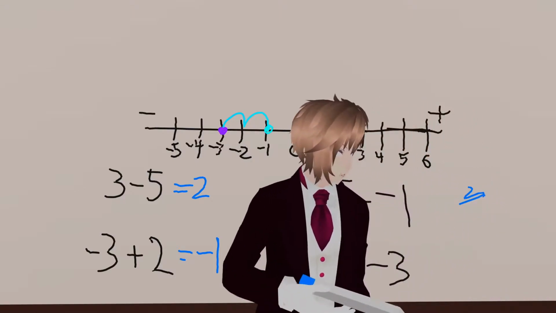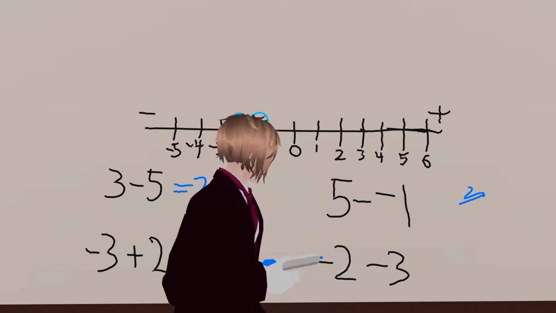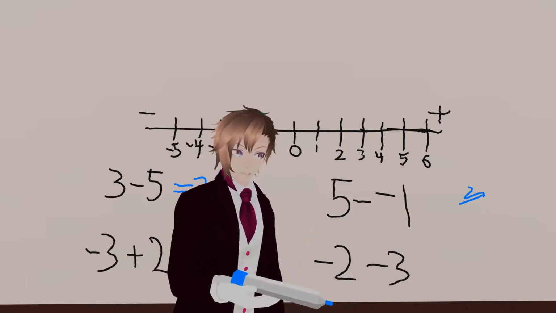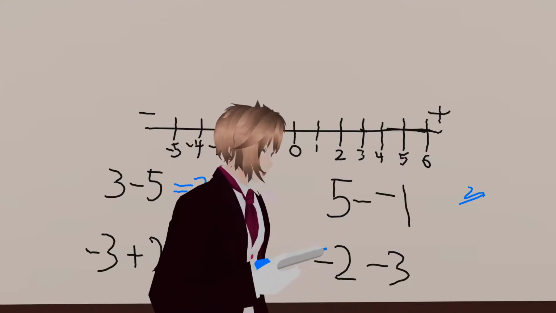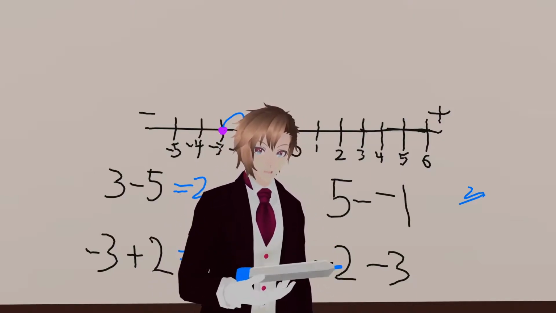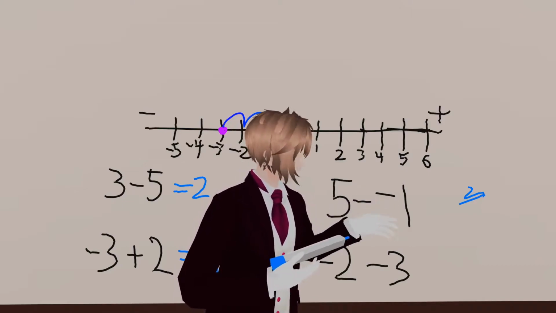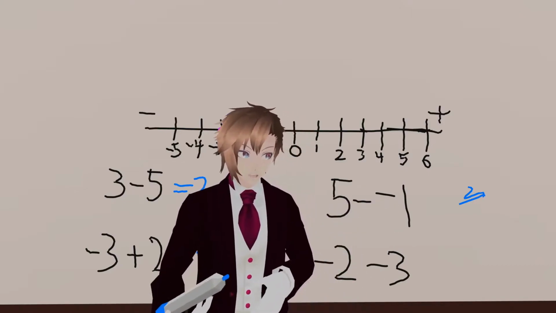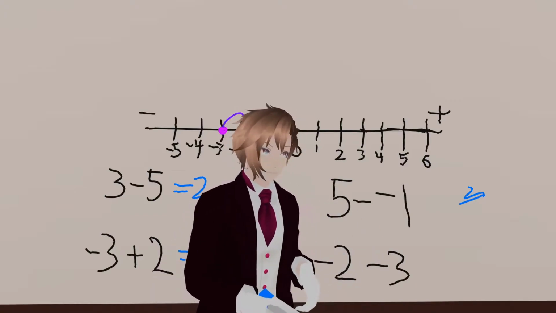Let's have a look at these ones over here. So we have 5 take away negative 1. Now remember, before, taking away a negative ended up in the positive direction because we're doing two opposites.